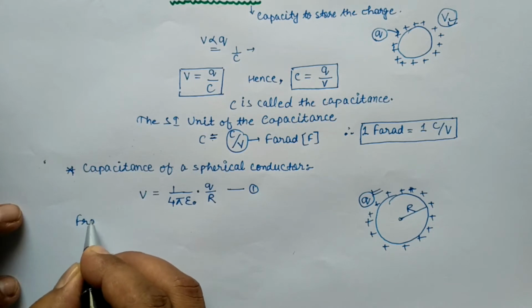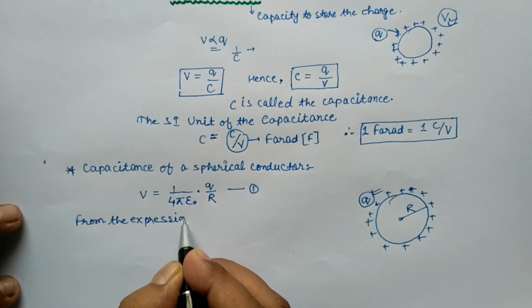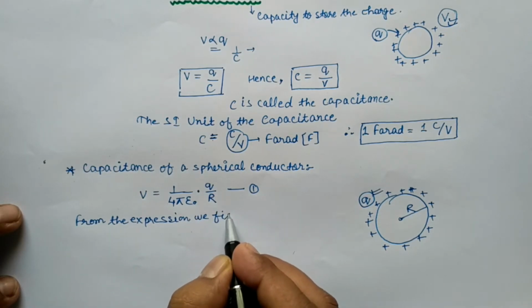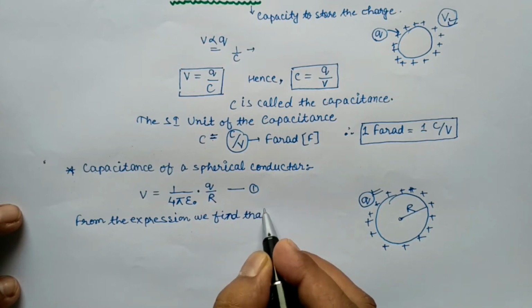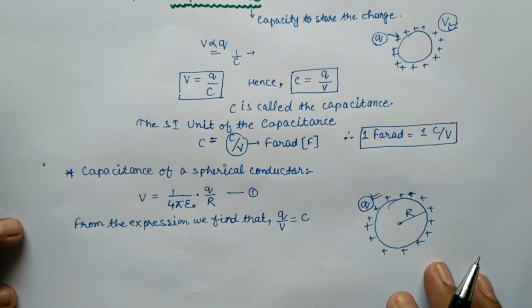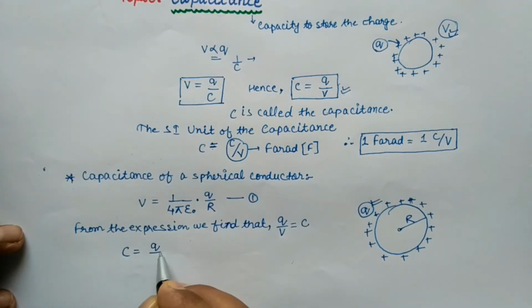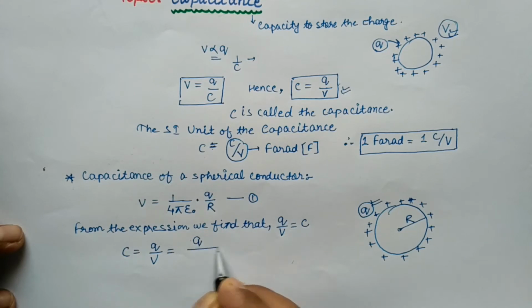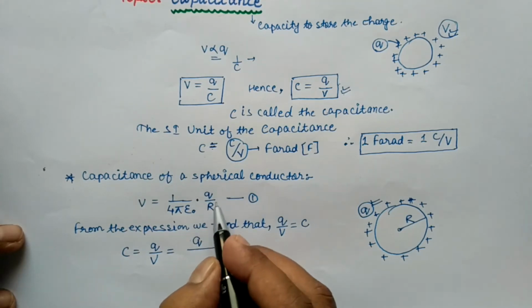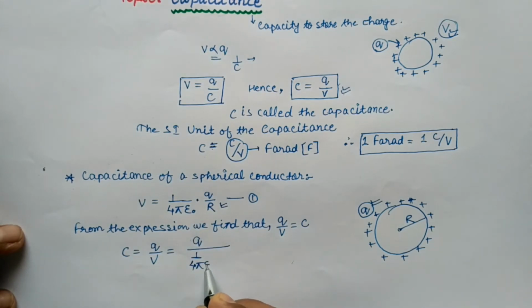From the expression, we find that q by V is equal to C here, so that C is equal to q by V. Means q by the value of V, 1 upon 4 pi epsilon naught q by R. q cancel.